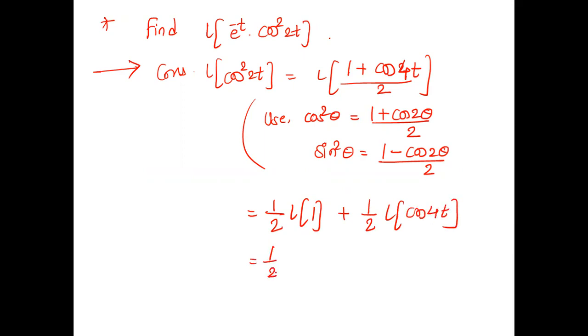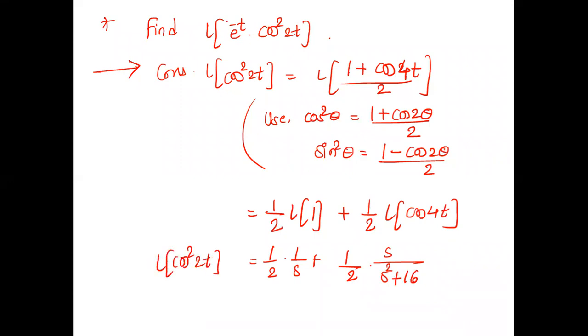What is Laplace of 1? 1 upon s. Plus 1/2 Laplace of cos 4t, which is s upon s square plus 16, 4 square. Okay, so this is Laplace of cos square 2t.